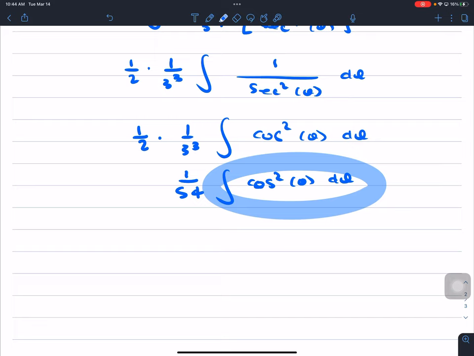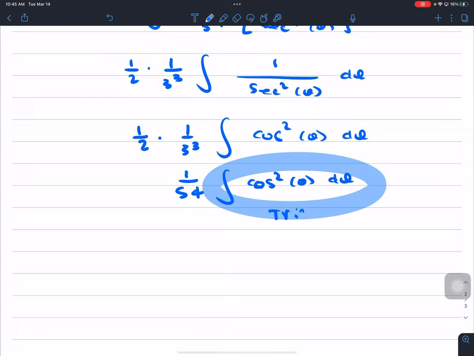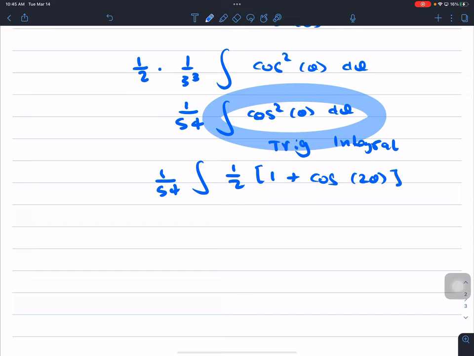Now, how do you guys integrate cosine squared theta? Right? This is a trig integral. So I think that integral, don't you replace it with 1/2 what? Is it 1 plus cosine double theta?